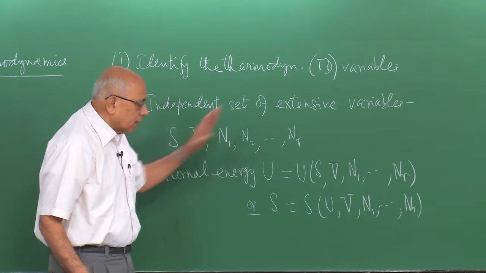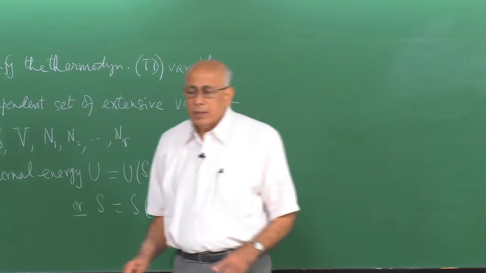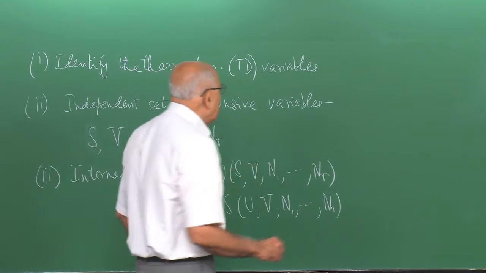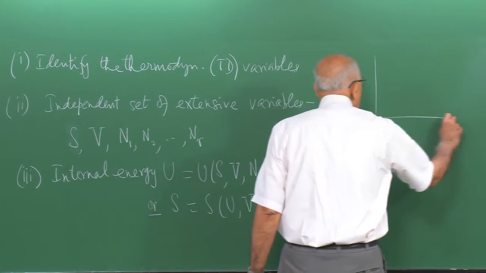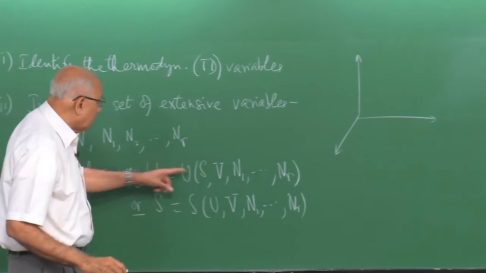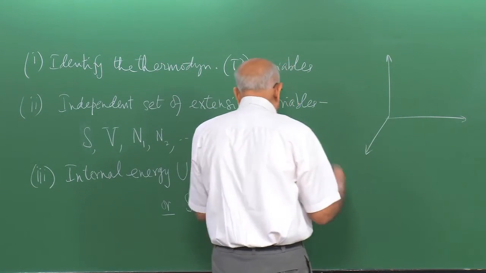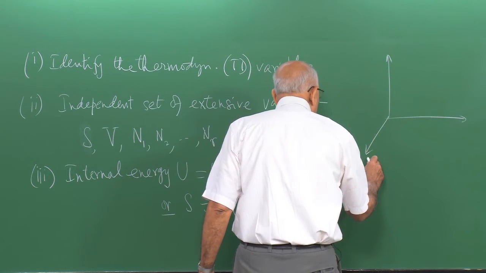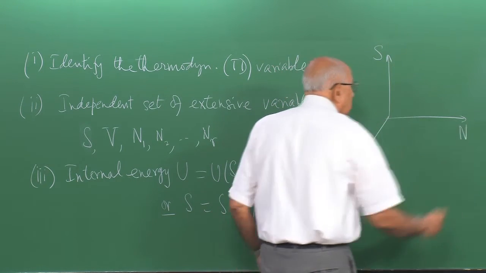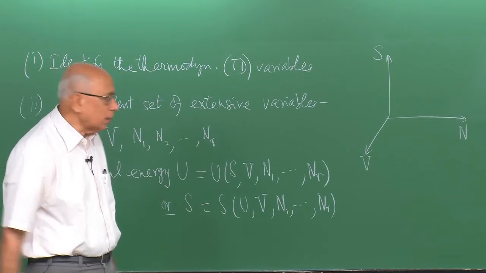So once we have done this and we have got all the variables here, we have the concept of what is called a state function. So what one does is, in the space of these independent variables, for instance, in the case that I wrote down here, U as a function of S, V, N, if you plot all these variables, you get a certain space. So here is, for instance, S, here is maybe V, and here is a typical N. So if you had just one component, that would be the so called state space of this system.